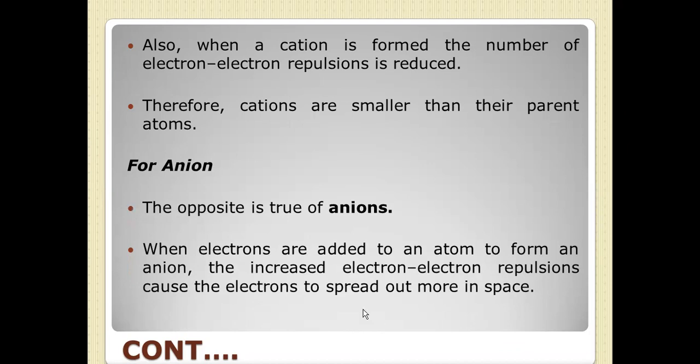When electrons are added to an atom to form an ion, they increase the electron repulsion, not like earlier, when it lost the electron and became stable. But now it has gained an electron, therefore the electron repulsion will be high. Therefore, the electrons spread out more in space.